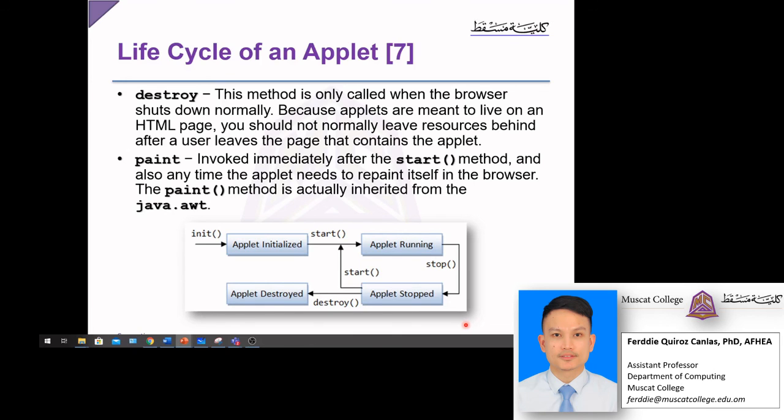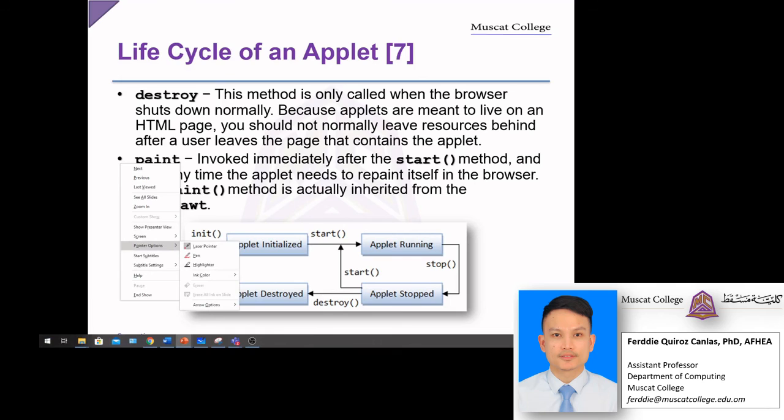So if you close that HTML page, then your applet is destroyed. Paint is a method that is invoked after the start. Paint is synonymous with when you run your Java applet; paint comes into the scenario.